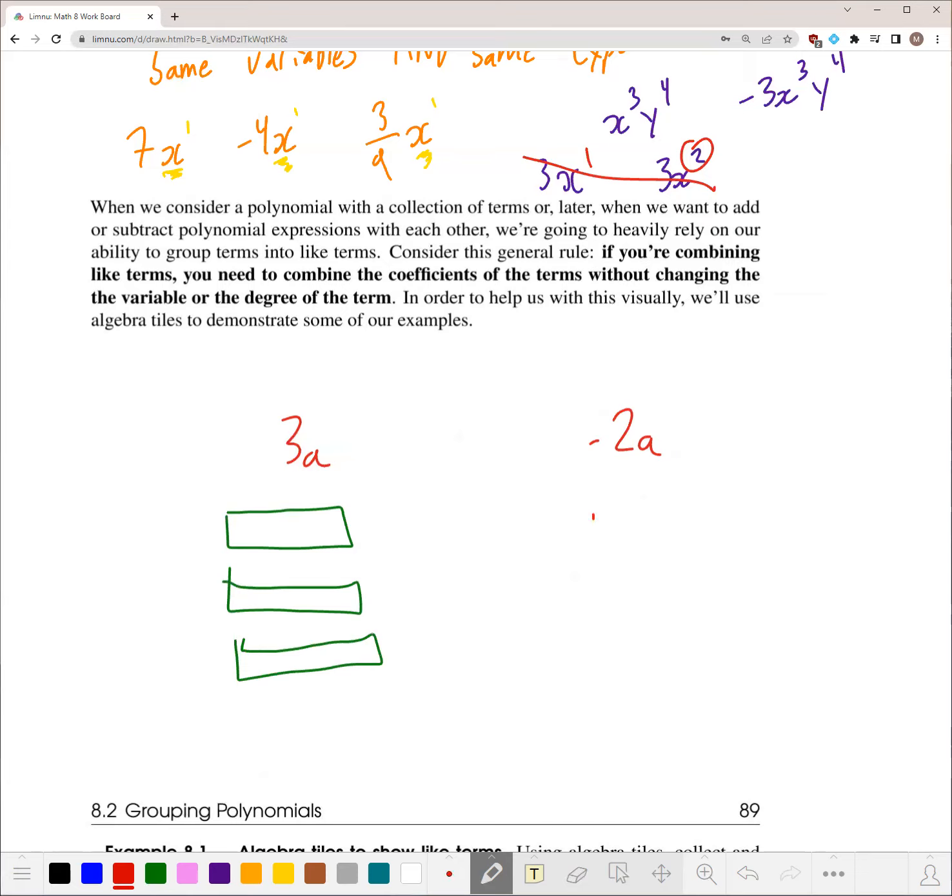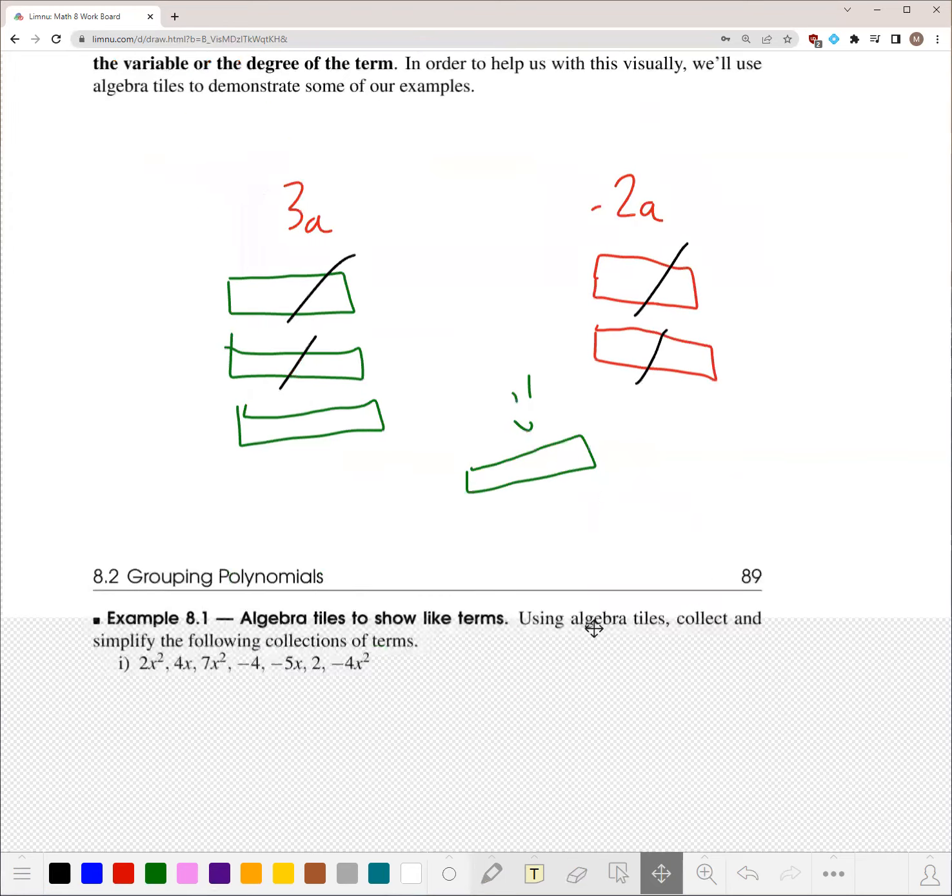Whereas over here, I've got negative 2a's. We remember from our work with integers last year that if I have a pair of a positive and a negative, they cancel out. And so I'm left with just one a tile, which makes sense because if I combine the coefficients, 3 minus 2 is 1. And so here we go, we've got our one tile left.